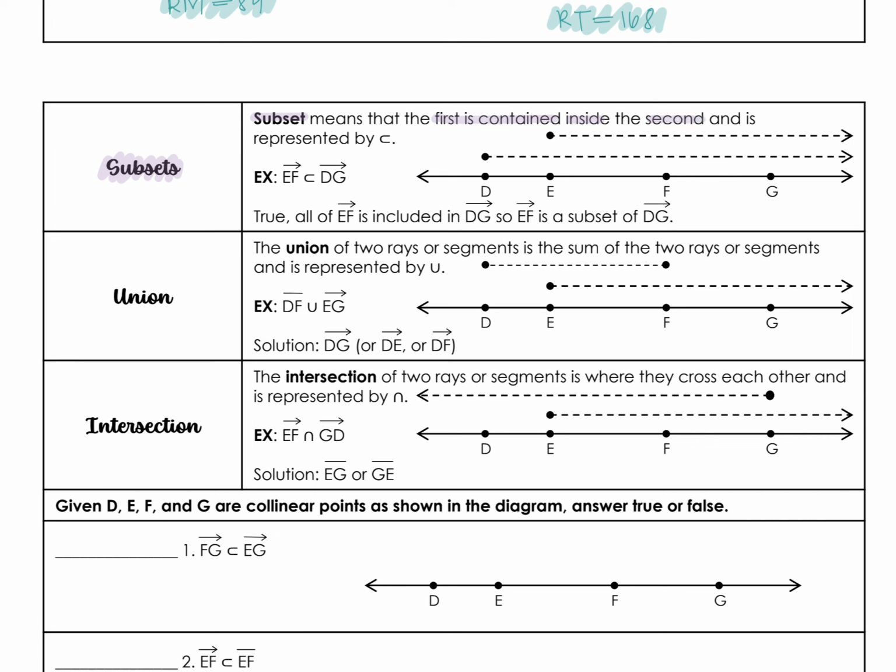They're asking, what is the intersection of ray EF, starting at E and going towards F, and ray G going towards D.